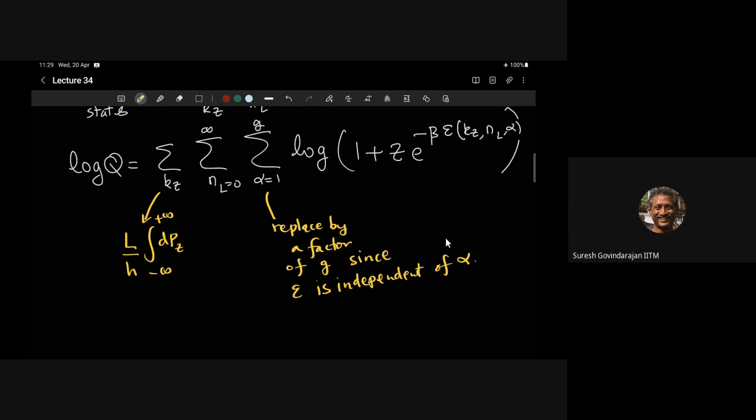Yes, the semi-classical formula for density is correct, but we have to sum over kz. If you put some boundary condition, kz will be discrete. So what we want to do is replace that with something where we can use the semi-classical formula.